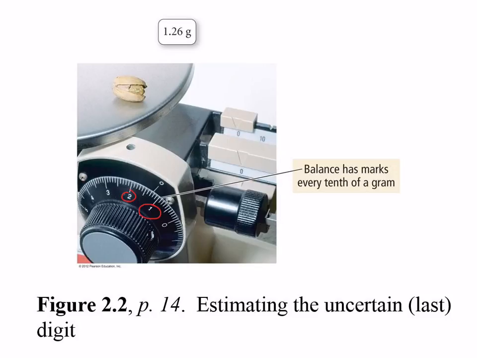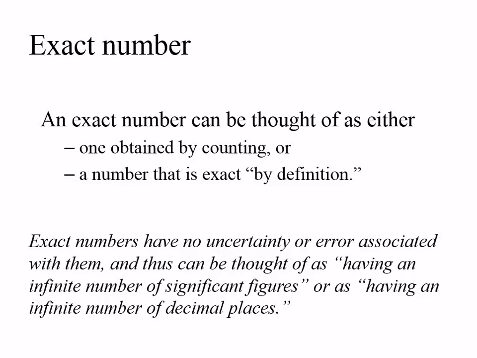That's similar to your rulers, where you have to estimate. Now, we know for sure it's 1.1, 1.2, and where we're estimating is between 1.2 and 1.3. Notice this person saw it a little on the other side of half, so 1.26 grams. This is consistent with what we talked about yesterday.